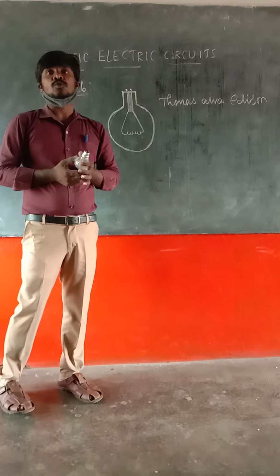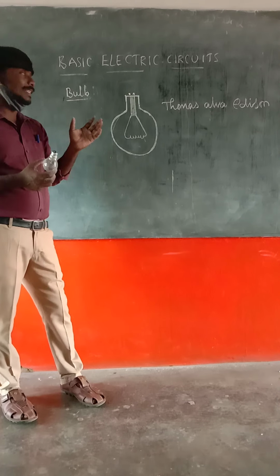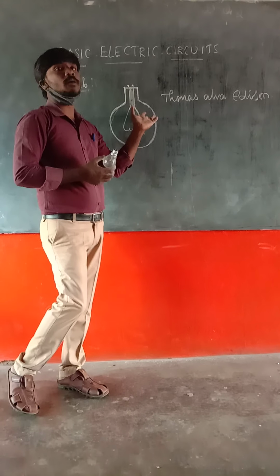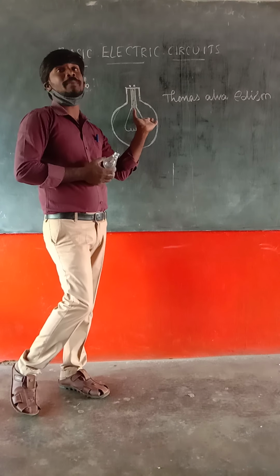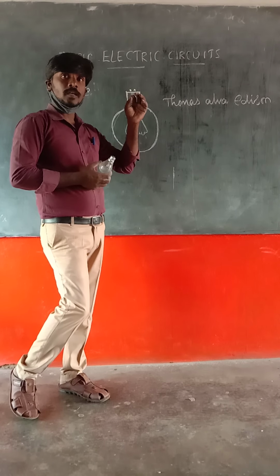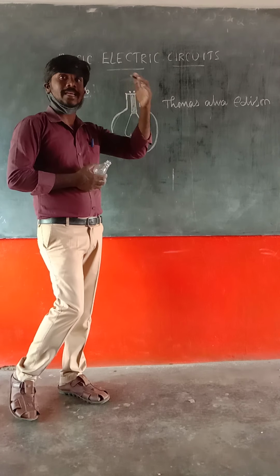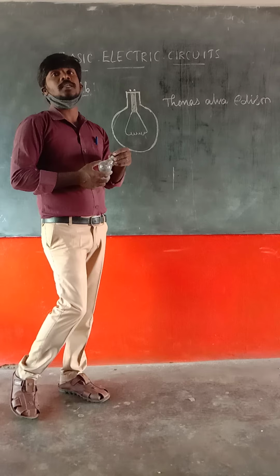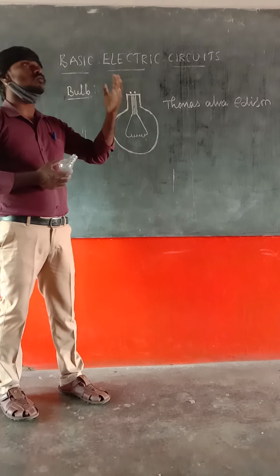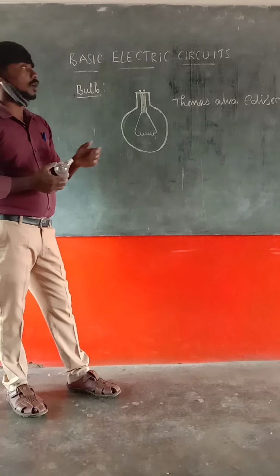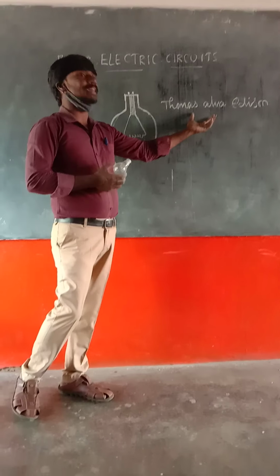In his practical attempts at inventing the bulb, he failed 99 times, but he tried and tried again, and the last time he was successful. Then everyone could have light. So that credit goes to Thomas Alva Edison.